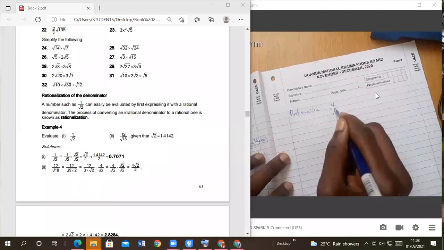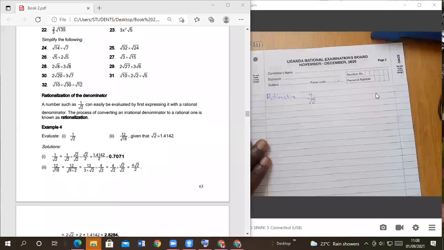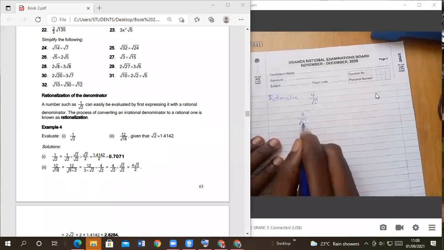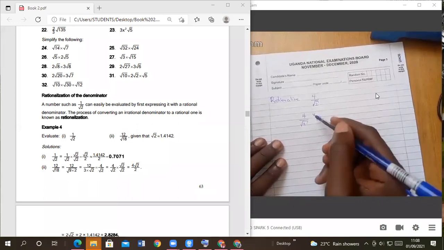Now after that, we come and rationalize 4 over root of 2. So we shall have 4 over root of 2. Ready? What do we do from there? What should I multiply with?